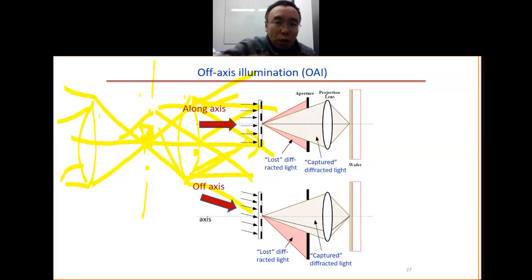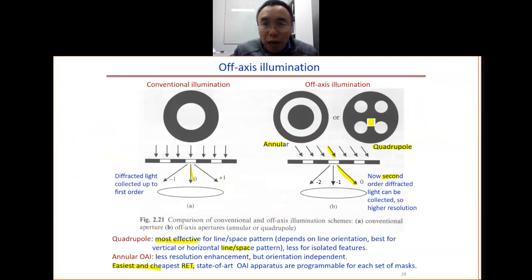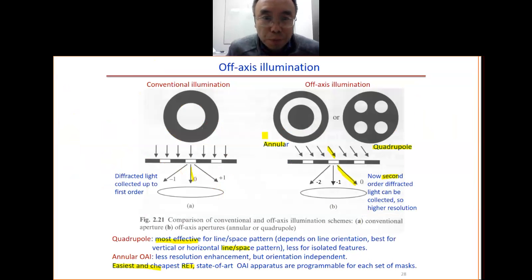So this way we have a cone shape of light that will go through for the exposure. That means we just need to put this kind of aperture at the focal plane of the first lens. Then we have another lens, and the light will be what we want.